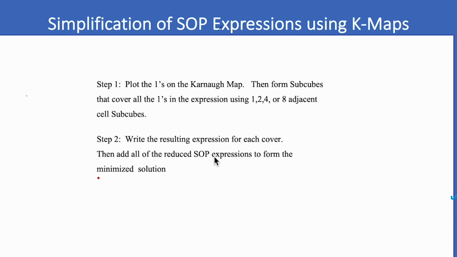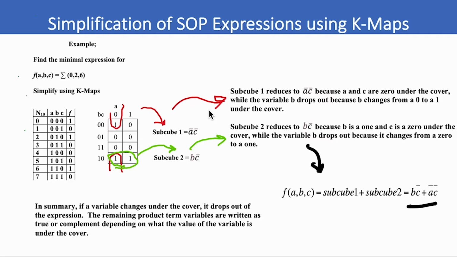So now, how do we use these? First of all, we plot the ones in the Karnaugh map and then form subcubes to cover the ones in the expression using 1, 2, 4, or 8 adjacent cell subcubes. We'll talk about what that is. And then write the expression for each cover. Okay, so let's do this one first.